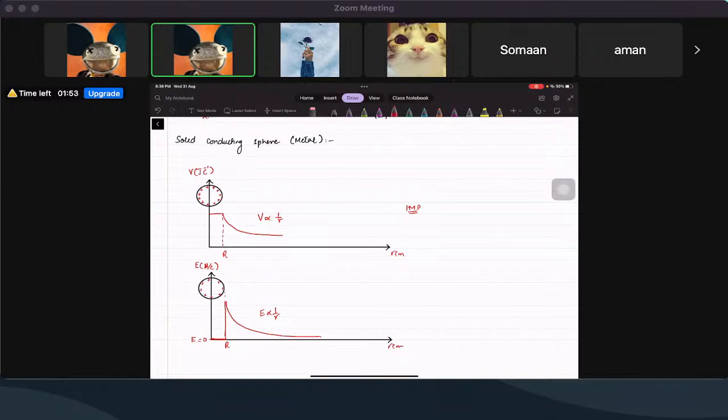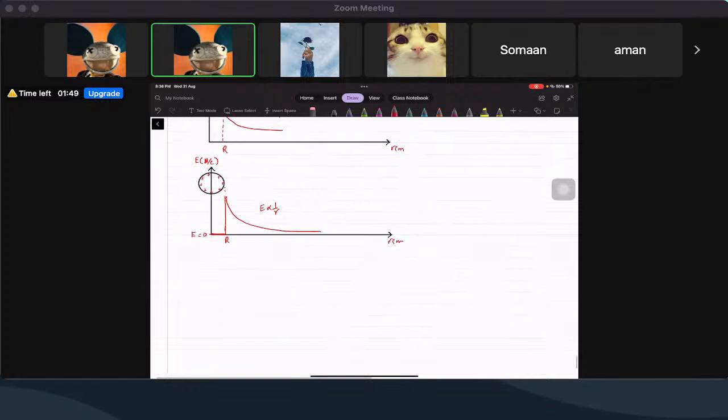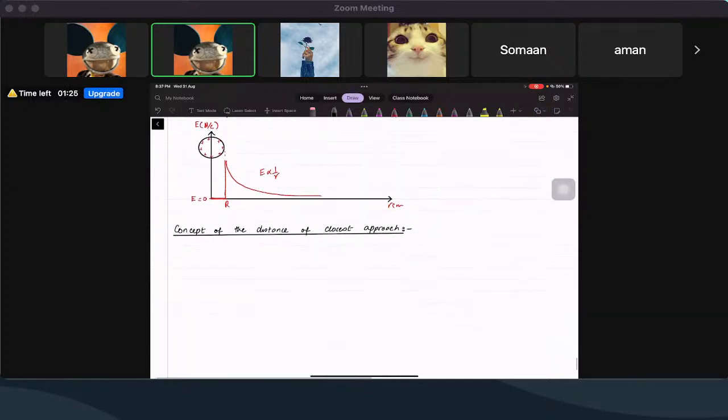Okay, now the last thing in this chapter is really small. It's called the concept of the distance of closest approach. The concept of the distance of closest approach basically works from electric work done.